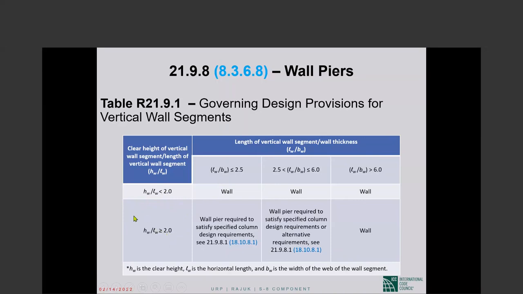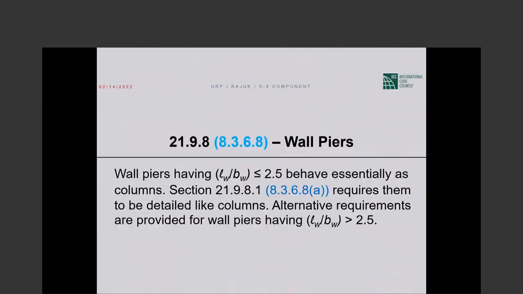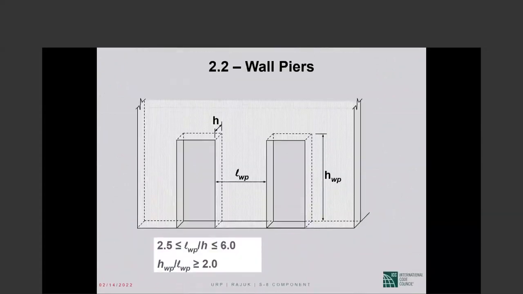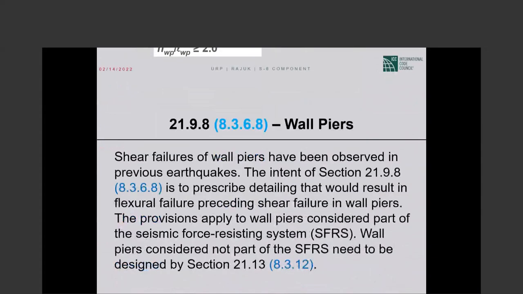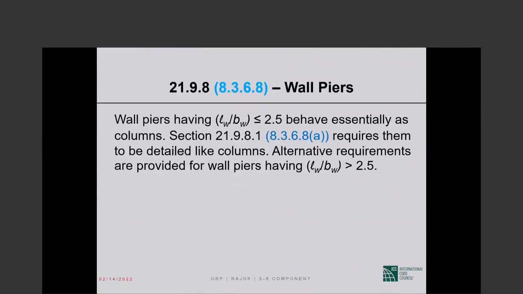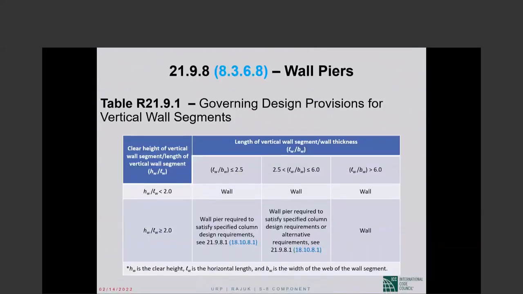If that is your case, and the length to thickness ratio, the thickness was denoted by H in the figure, that has become b sub w in the table. At one point ACI switched, and I did not think of changing the figure, but we are talking about the same thing.